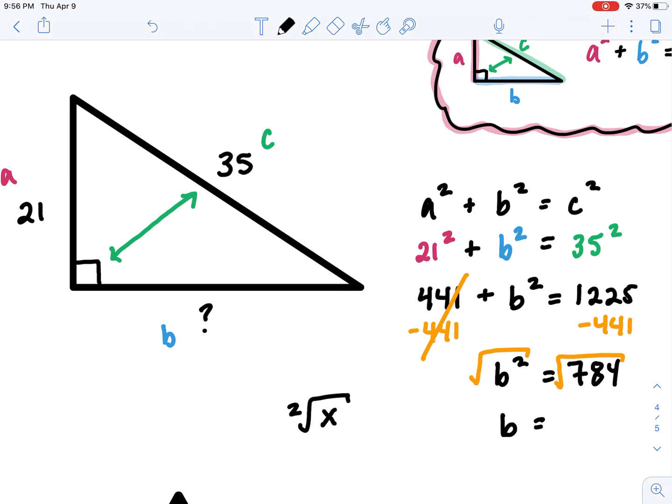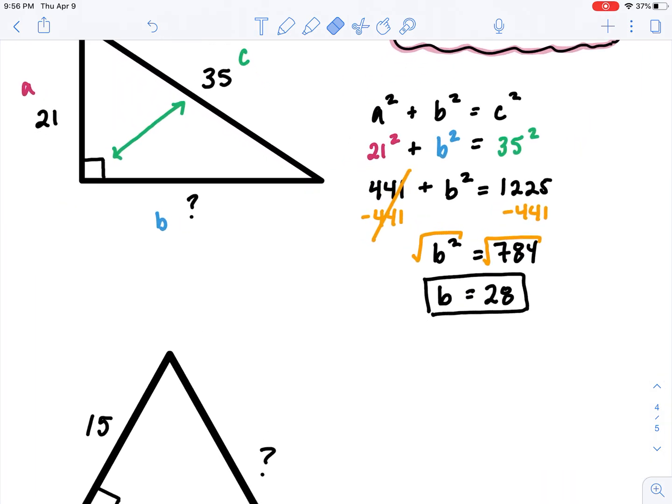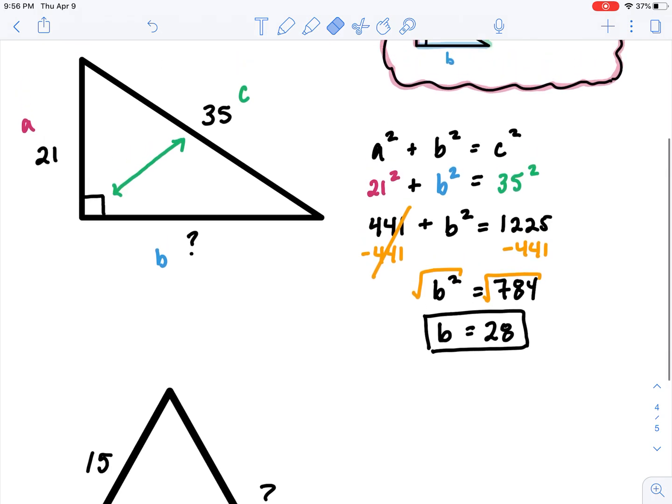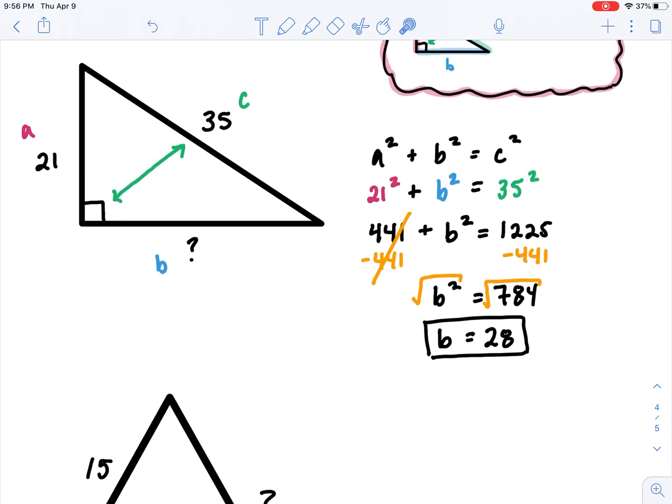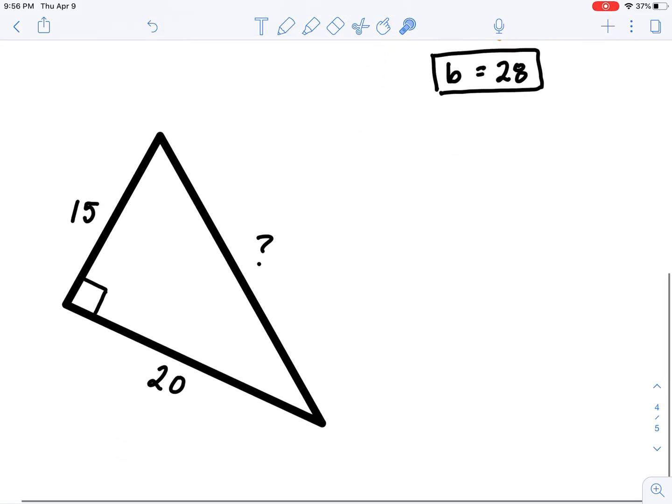And if we do that, we should get 28. Okay, so that's how we get 28 for that problem. Hopefully that helped you guys out a little bit. That's the harder one because that's the one where we're missing a leg and we have to do this extra subtraction step. Okay, let's try the next one.